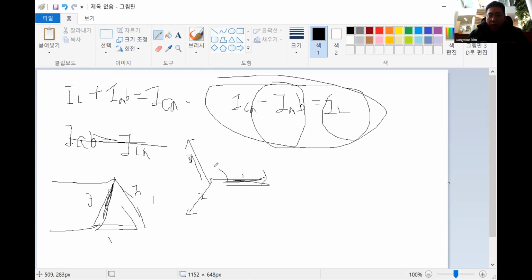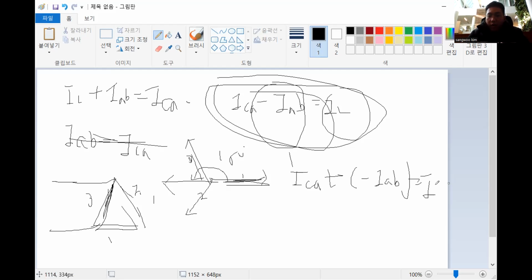Minus is totally 180 degrees different, right? Which means I could say I_CA plus minus I_AB equals I_line, right? So that's why the phase current is root 3 times bigger. That's why we make it this.